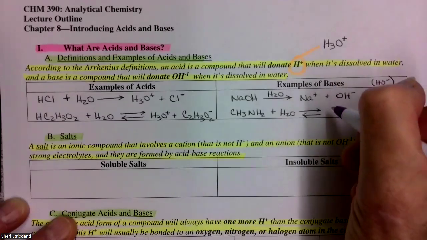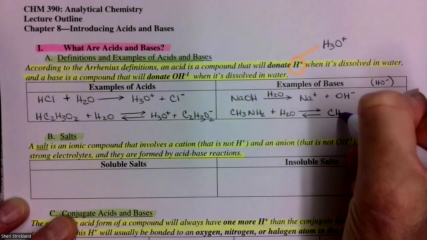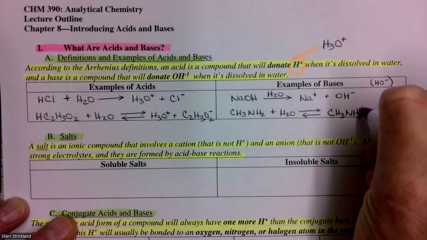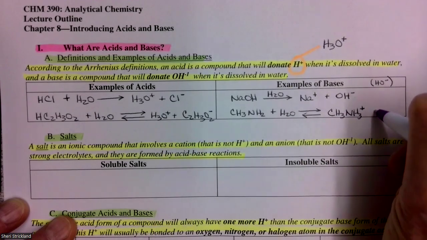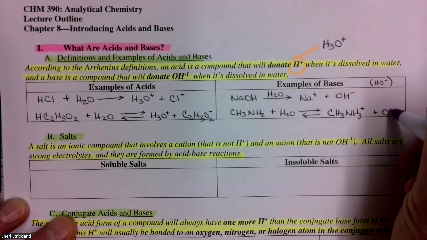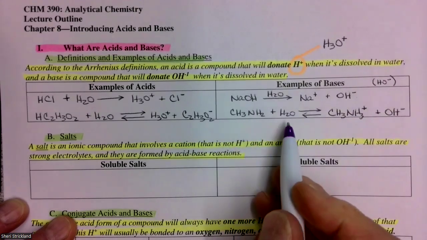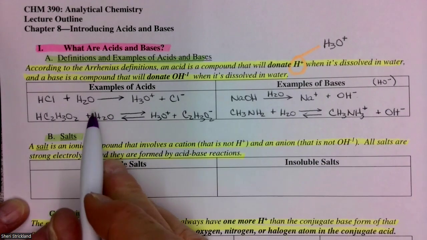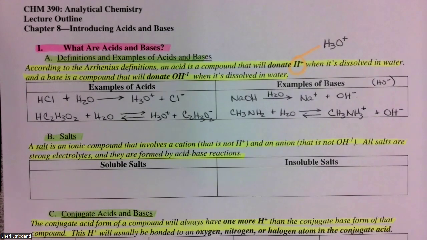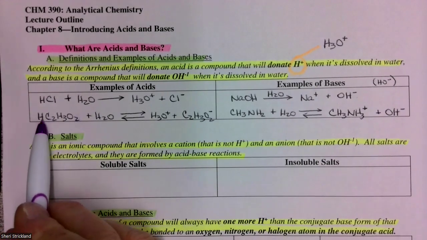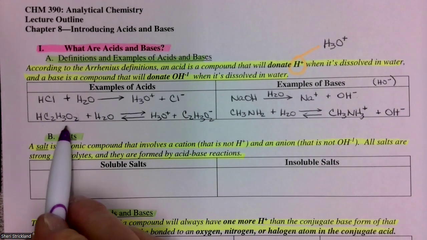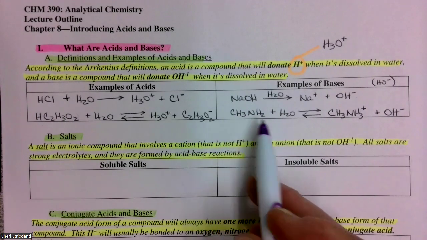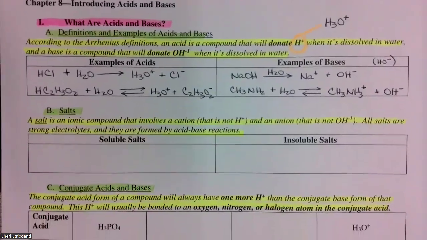It's just that the products are a little different, and instead of ending up with hydronium ions, you end up with a hydroxide ion, because when you've got a weak base, the water is the acid. When you've got an acid, the water is a base. I did want to mention to you that carboxylic acids are very common weak acids, and amines like ammonia are very common weak bases.